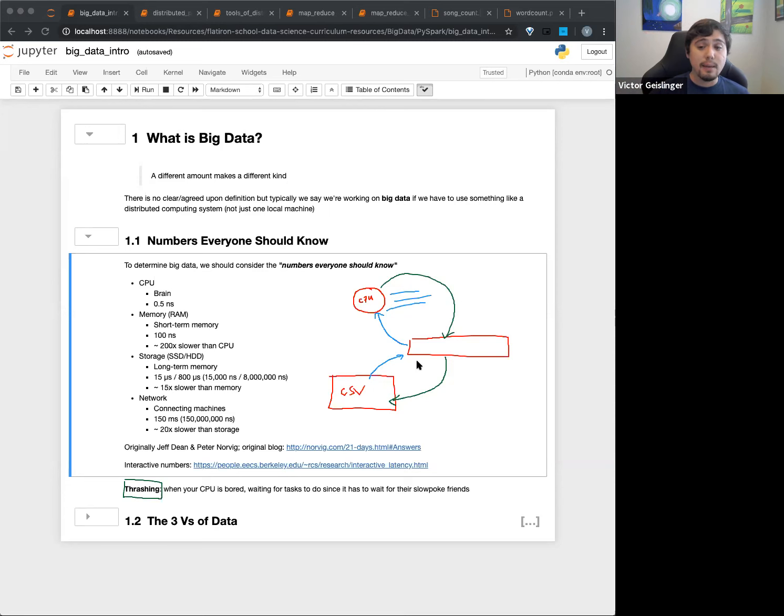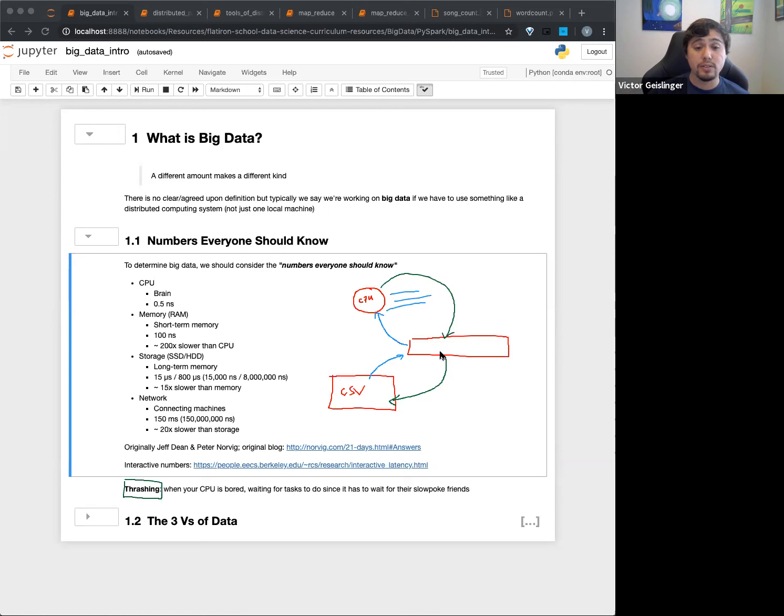What's happening is that there's so much information to pass from RAM to CPU that it's taking forever for the RAM to pass that information over. The CPU is twiddling its thumbs, waiting and waiting for something to happen, because the RAM and the hard drive can't feed the CPU quickly enough.